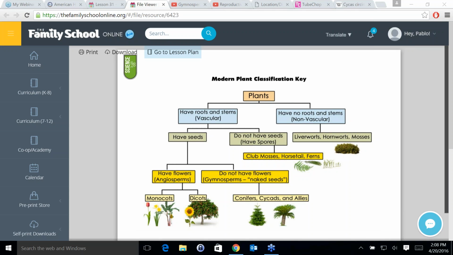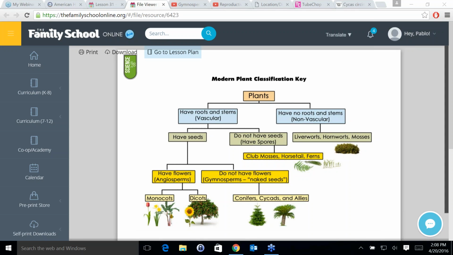And those are the tissues that allow the plant to transport water and sugars throughout the plant, okay? And Aubrey says vascular are bigger in size. That is correct. Vascular plants, because they can do this transport of water, are able to grow bigger.